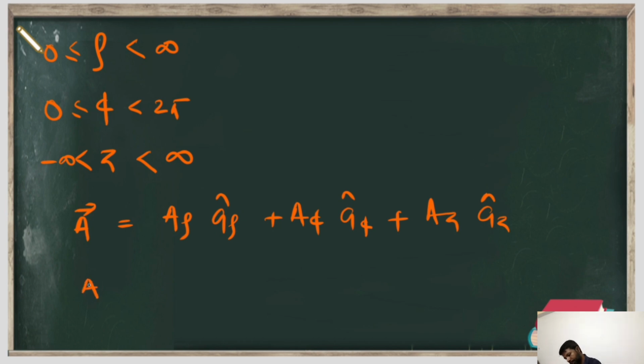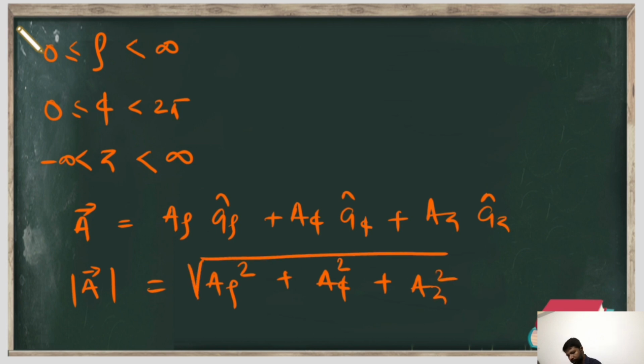If we are trying to calculate the magnitude of this vector, the magnitude is the square root of a rho square plus a phi square plus az square. In this way we can calculate the magnitude of this vector.